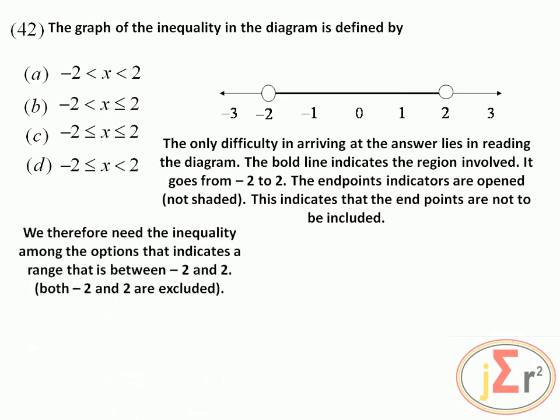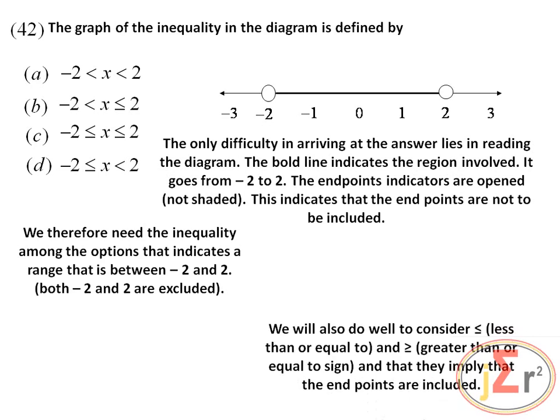We therefore need the inequality among the options that indicates a range that is between -2 and 2. And of course in which both -2 and 2 are excluded. So we will go from -2 to 2, but the endpoints are not to be included. They are excluded.